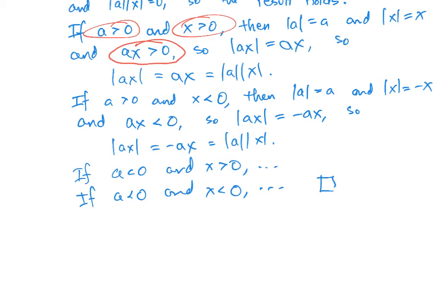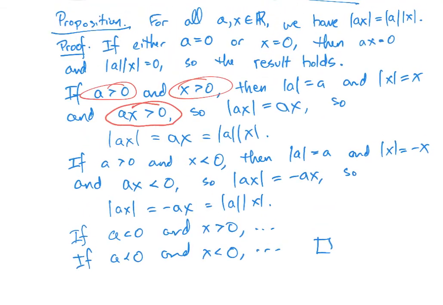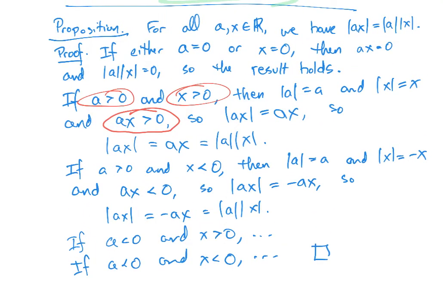In these formulas, a and x have the same role, so you could subsume that case. But still, best case scenario, you're looking at a case where one of them is 0, a case where they're both positive, a case where they're different signs, and a case where they're both negative. So best case scenario, you've got it down to 4 cases.